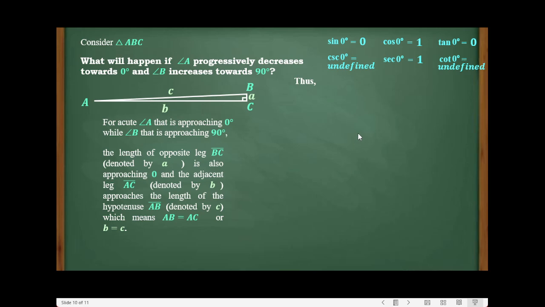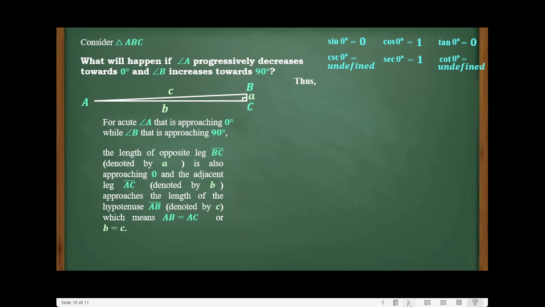Now, since we're done with the trigonometric values of 0 degrees, we now proceed to the trigonometric values of 90 degrees. So here we are going to consider the 6 trigonometric ratios of angle B, which already reaches the 90 degree measure.